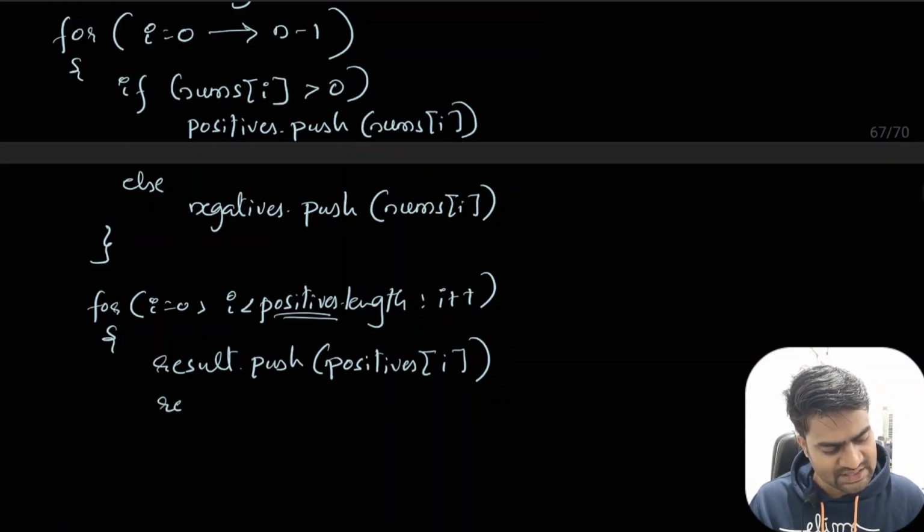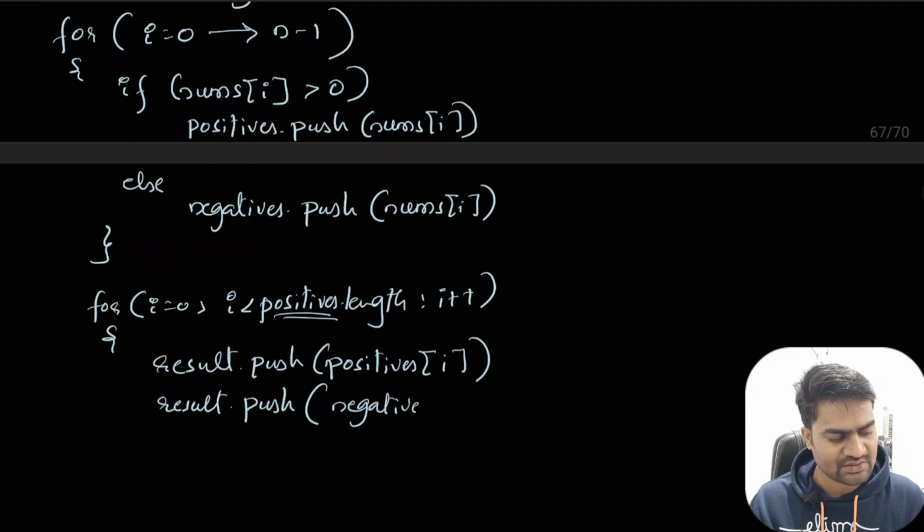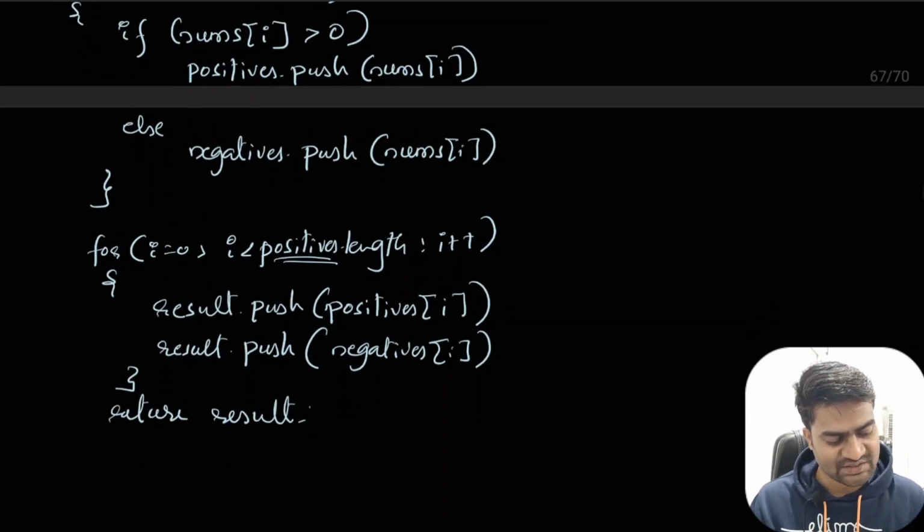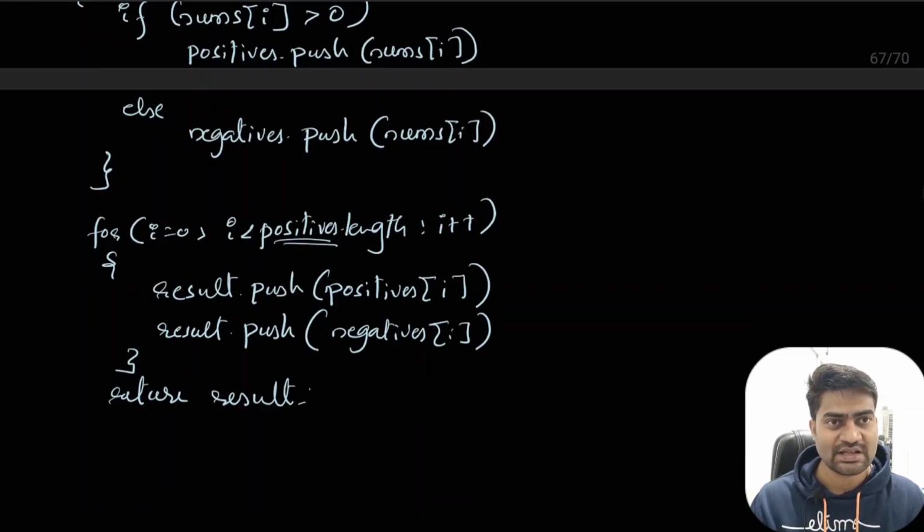So again I will say result dot push of negatives of I. Then I will simply return my result. So this way I will be able to rearrange the given numbers in the requested order.